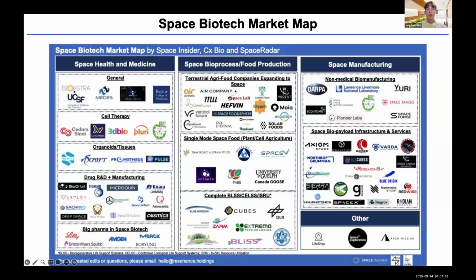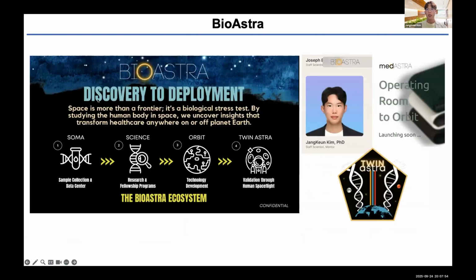And our team lead and my former colleague founded BioAstra, and recently I joined the team. In BioAstra, based on the astronaut multi-omics database, we want to provide solutions in space, which could also be adapted on Earth.